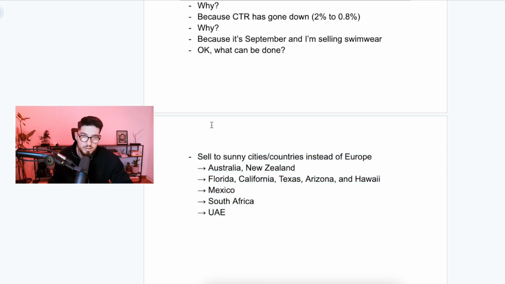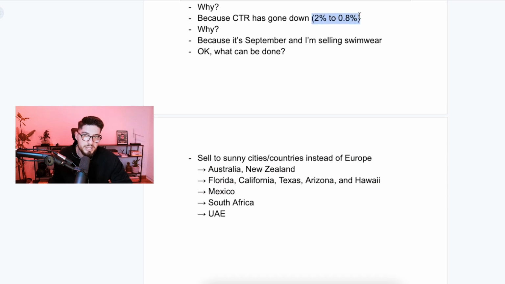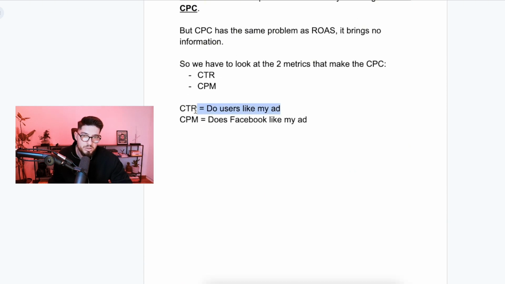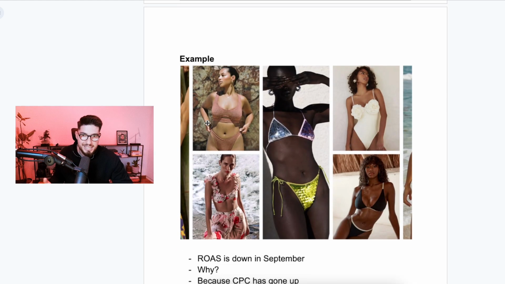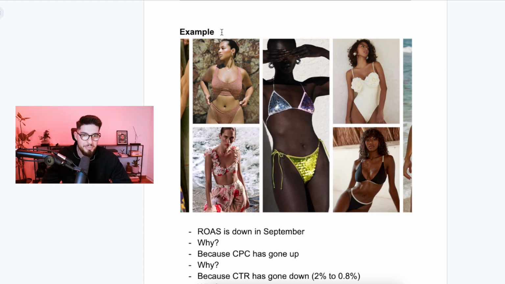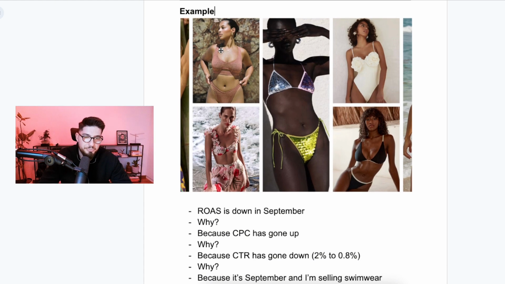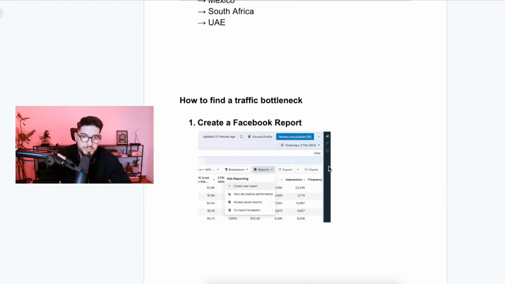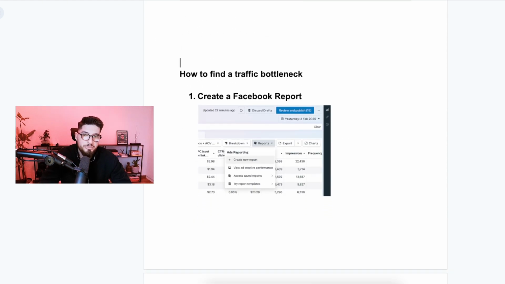But from there, you can easily see people are not interested. As we said, CTR: do users like my ad? No, they don't. If you're from Europe or any country that has a proper winter, by October, November, cold, you will see that this doesn't make any sense in September. So yeah. Now, how to find the traffic bottleneck?